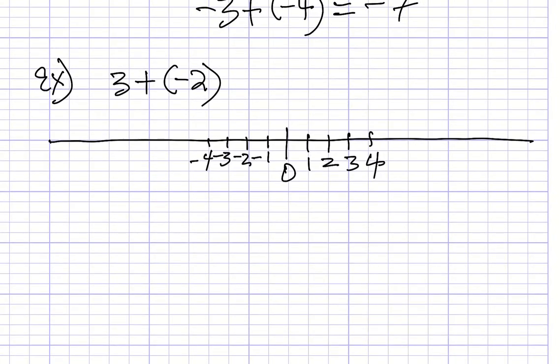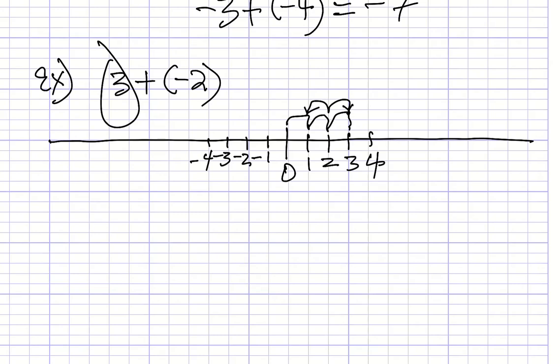Now, you start from 0. You're given +3 first, right? You go in the right direction and count 3 units: 1, 2, 3. And then from there, you count 2 units back because we're dealing with a negative number: 1, 2.